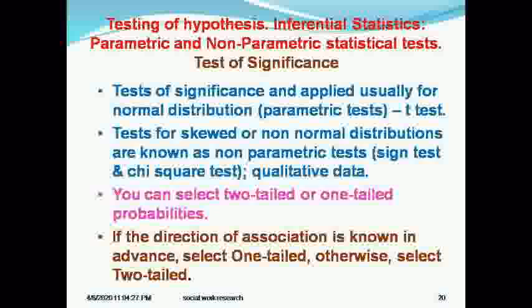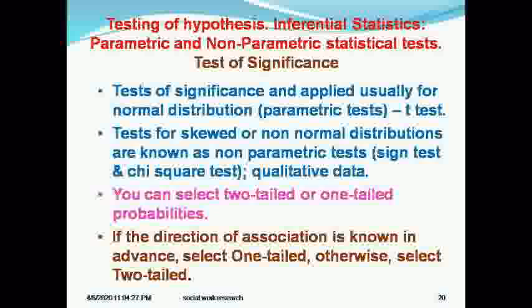If you are purely dealing with quantitative information like age, income, weight, height, etc., then you can very well use the parametric test, which is called the t-test, student's t-test.